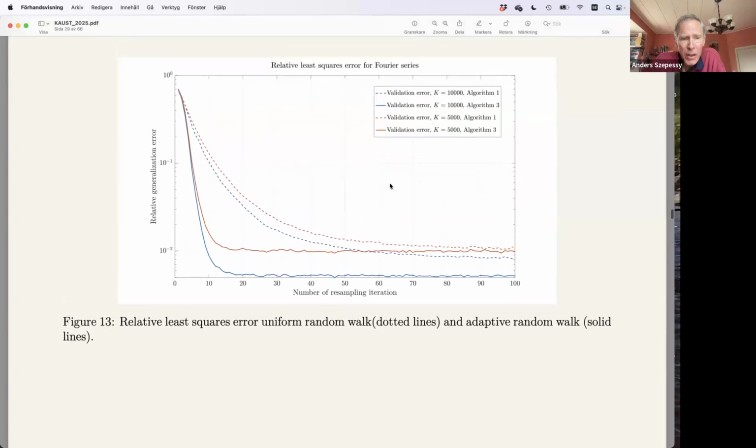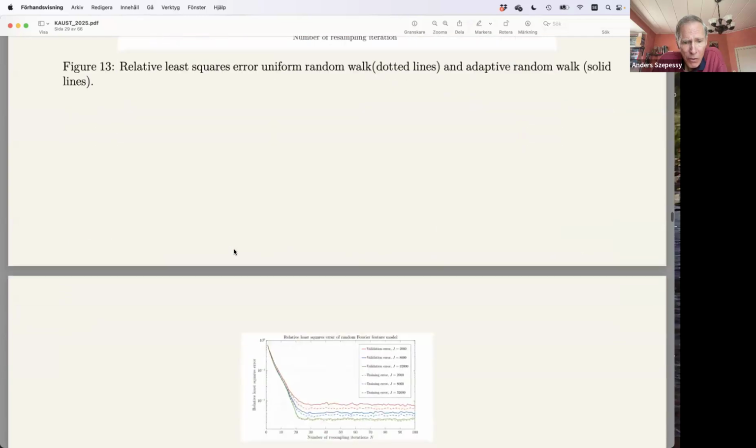Here is an improvement. I mentioned that one does a random walk. One can do a random walk using the covariance matrix to do an adaptive random walk. Then the resampling method improves, shown by the solid lines here, with fewer iterations compared to the standard normal random walk, and here based on the empirical covariance matrix of the frequencies.